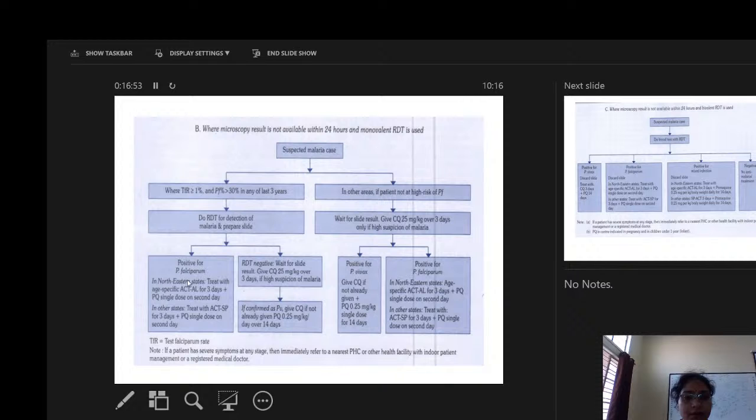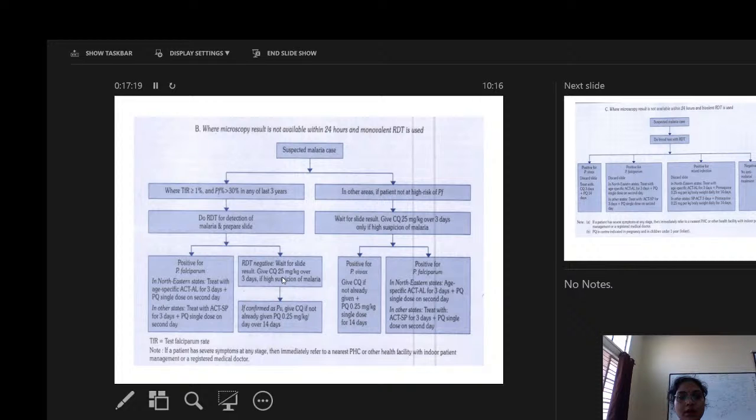If it is positive for falciparum, give the same treatment as I told before. And if it is RDT negative, wait for the slide result and give chloroquine 25 mg per kg over 3 days if there is high suspicion of malaria. Next, if confirmed as Vivax, give chloroquine, and if not already given, Primaquine 0.25 mg per kg per day over 14 days.